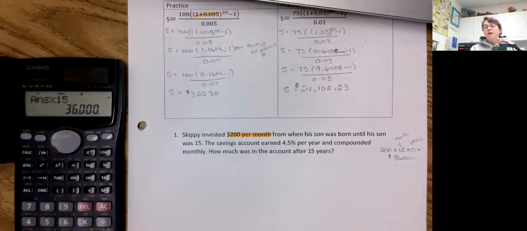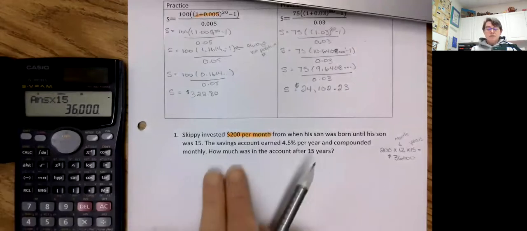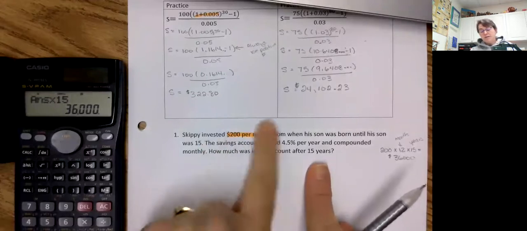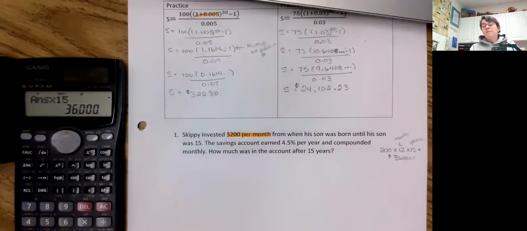This really isn't part of the question, but I like doing that because if he just put it in a coffee can under his bed, there should be $36,000 in there. So when I do this question, there better be more than $36,000, because if there isn't, then something is messed up.